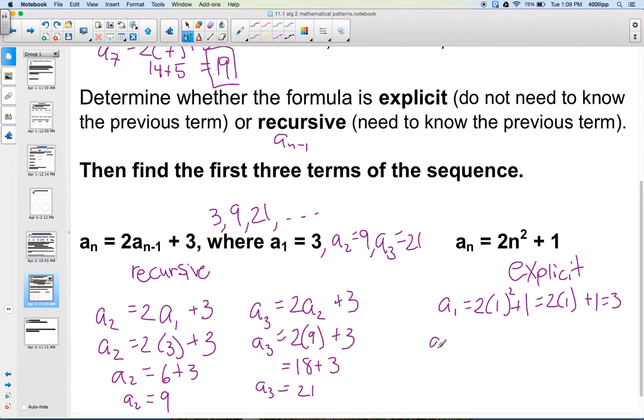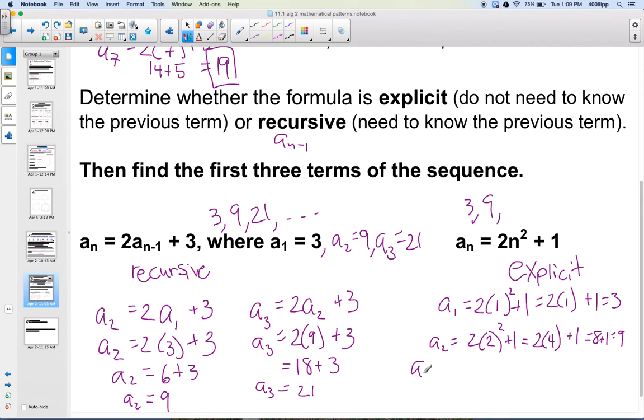Let's find the second term, a sub 2. We're going to plug 2 in for n now. So 2 times 2 squared, which is 4, plus 1. 2 times 4 is 8, plus 1 is 9. So far we have 3, and then 9.